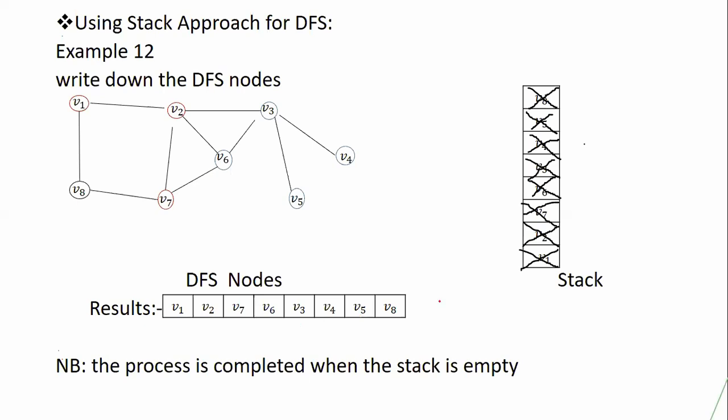So from the graph, you select any vertex, let's say vein 1, and you bring this vein 1 into the stack here. Instead of number 1 there, you just bring it into the stack from the bottom here. Then write it here.